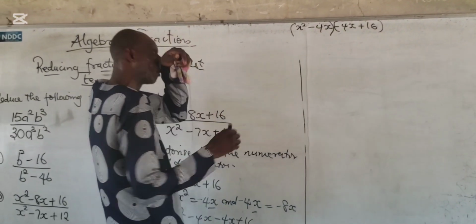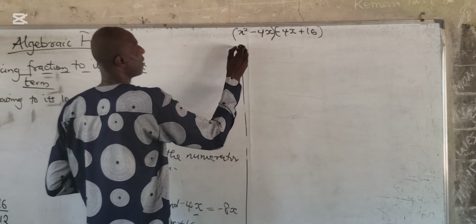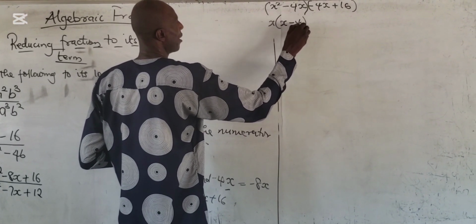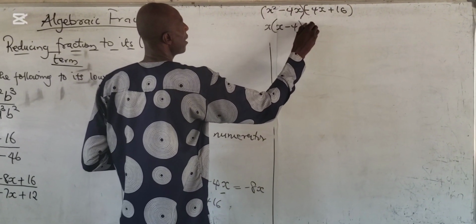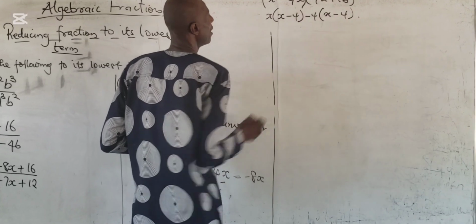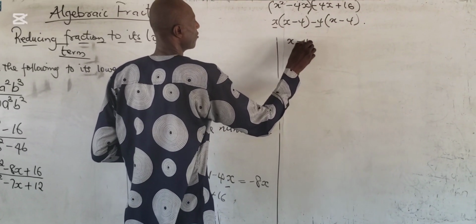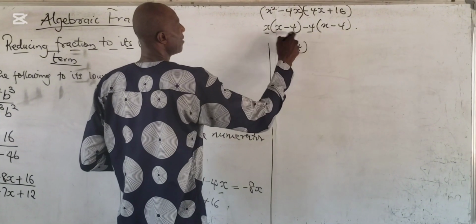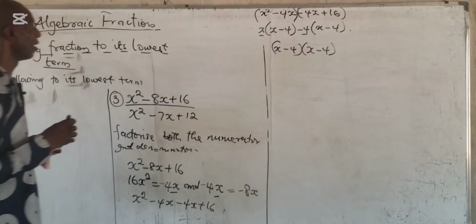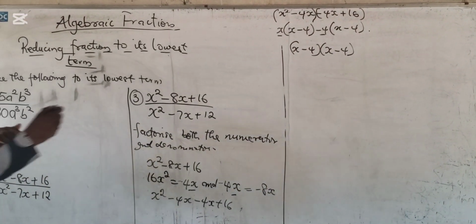When you factorize, you bring what is common out in the first bracket. The common term is x. x is common, and x minus 4 is what remains. Minus 4 is common there, then x minus 4 again. You pick outside the bracket x minus 4. Take note, the two brackets must be the same, in other words x minus 4. So therefore, the answer when you factorize is x minus 4 times x minus 4.